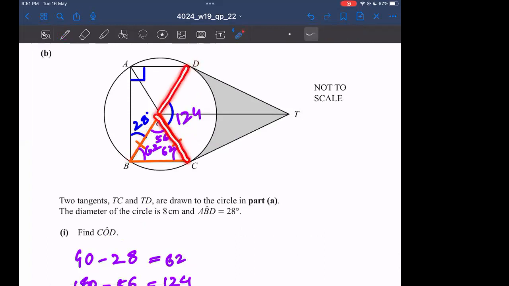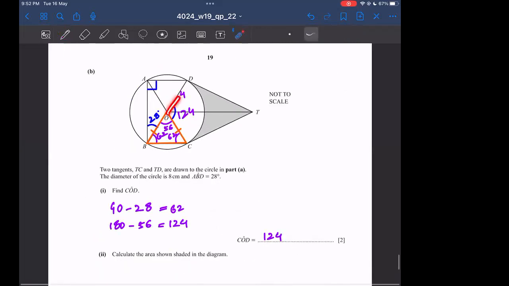The radius is going to be 4 here. So we calculate the area of the sector. Why are we not calculating the area of this portion only? This portion is not a specific shape. So what you're going to do is calculate the area of this whole shape, and then subtract the area of the sector.